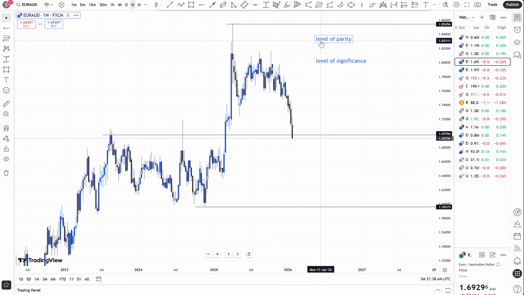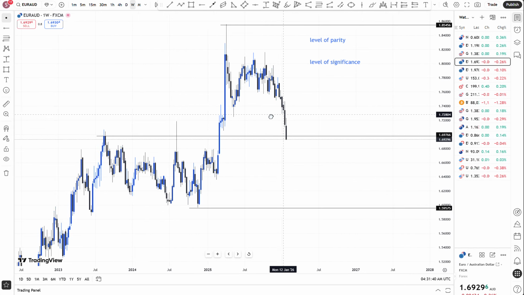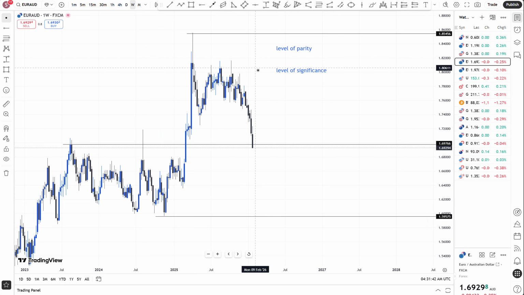So we've had our level of parity and our level of significance. Now, at every level of significance, we are looking at the number closer to the line, a number ending with 0000, which is closest to our level of significance.